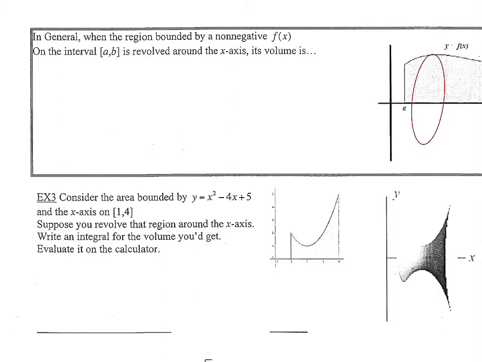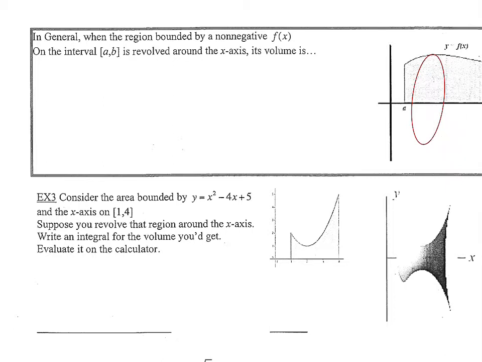Do we have a disk? Yes, we have a disk. Slightly off kilter disk, but we have a disk. So we're taking this disk, we're figuring out the volume of this disk, and then for every x between A and B, we find the volume of those disks and add them all up together.